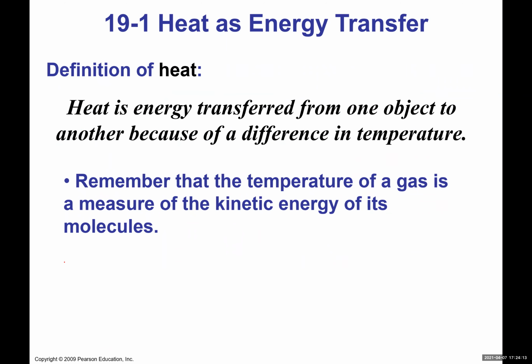All right, so now let's officially define heat. Heat is energy transferred from one object to another because of a difference in temperature. One way we're going to talk about heat is this: when we say the object's temperature increased or decreased, we can always assume that heat was added or removed, because heat is just the amount of energy that was transferred into the system.